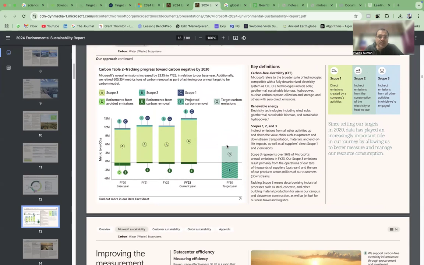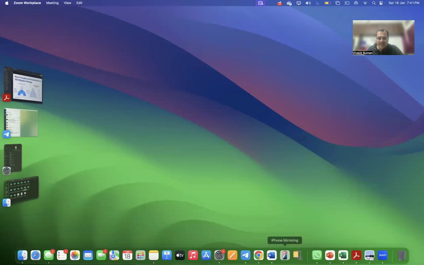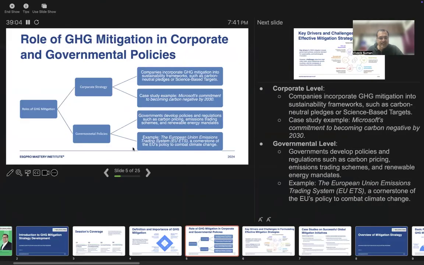That is how you should set your targets, right? And you need to track that progress through a different system, which is the SBTI system. Now, going back to our presentation, here is the case where Microsoft is committing to negative by 2030. It doesn't mean that they will go to complete zero. It is not possible. How do you go to zero? Those unavoidable emissions you convert into carbon credit, or you compensate for them with carbon credit.